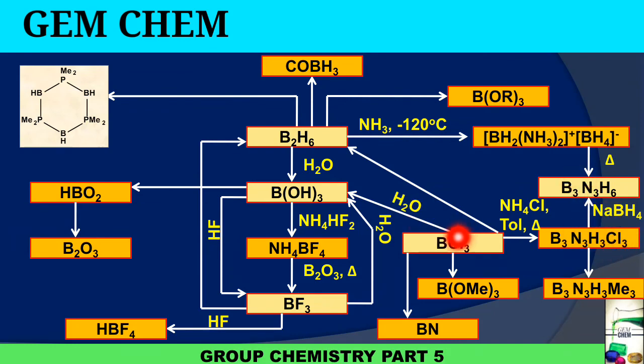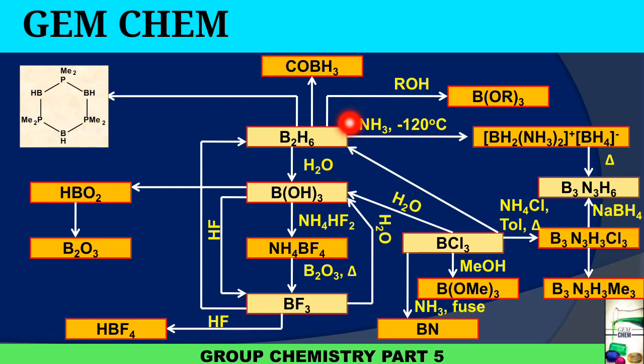Next, if BCl3 is reacted with water, we get B(OH)3. And if BCl3 is reacted with MeOH, that is methanol, then it produces B(OMe)3. Next, if we react BCl3 with ammonia and fuse, then we obtain boron nitride.